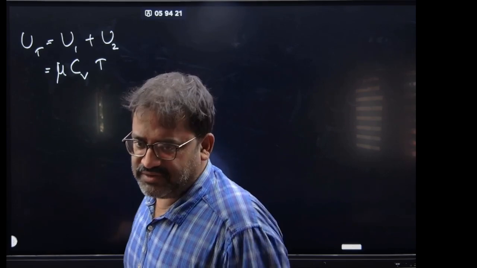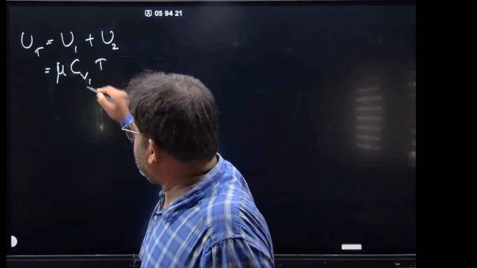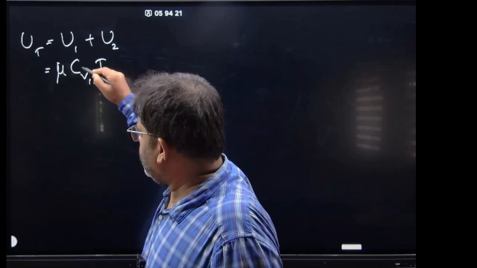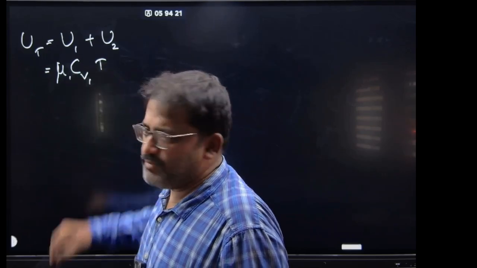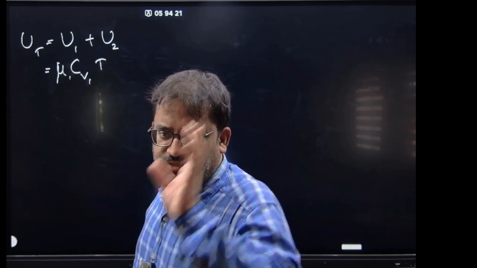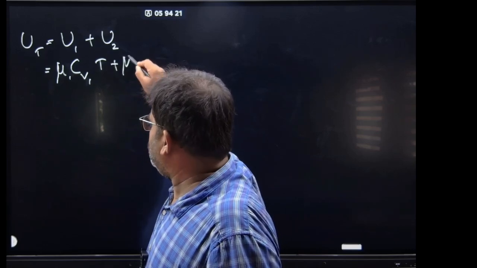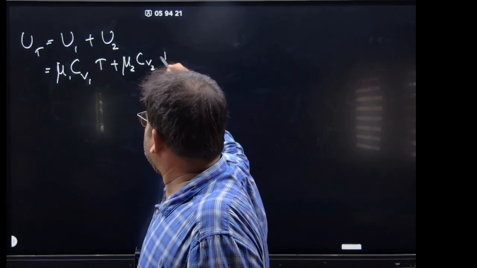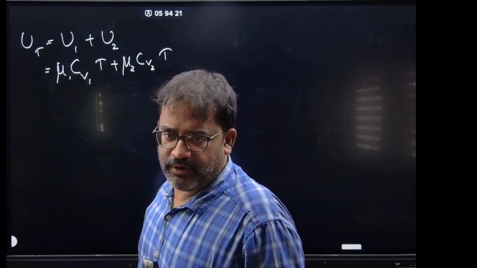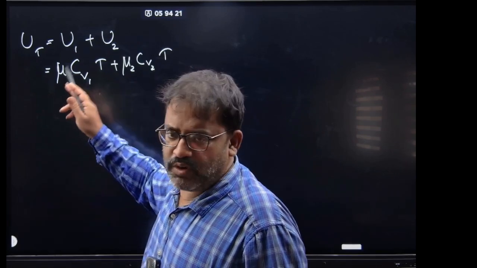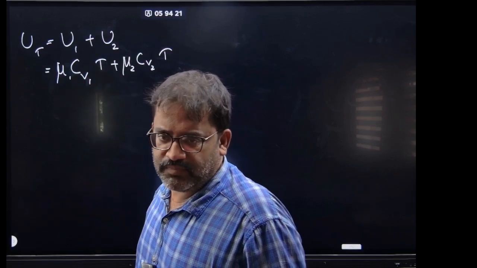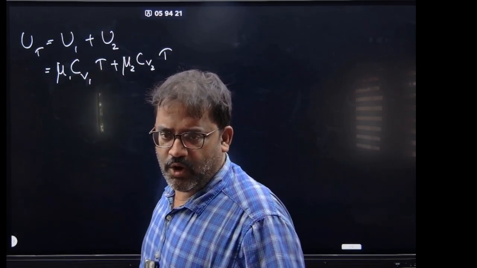Normally we take it as T itself. Now this is mu1 CV1 T, because the first gas is monoatomic, and the second is mu2 CV2 T. So here mu and CV change, the others remain constant.